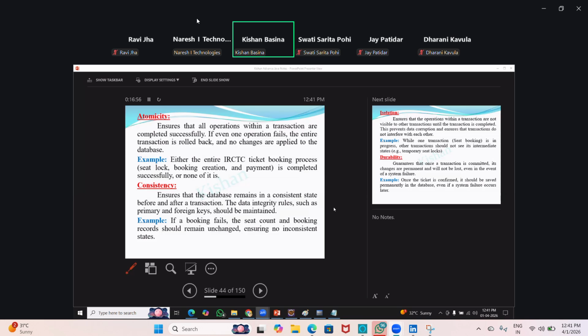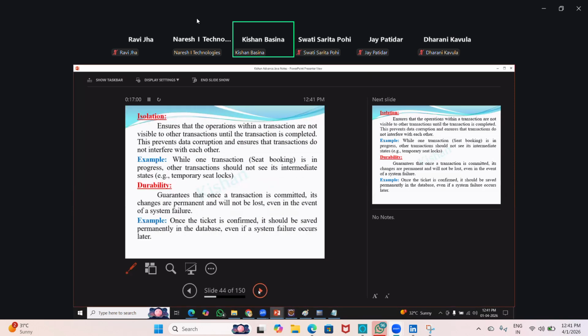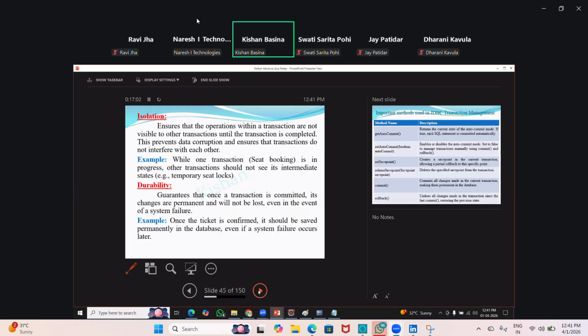All right, now continue for isolation and durability also. Read and write in your own words. Please don't copy paste. Write what you understand. Try.